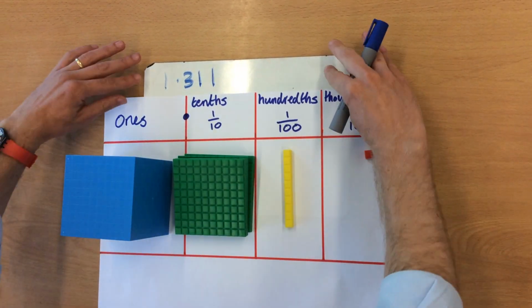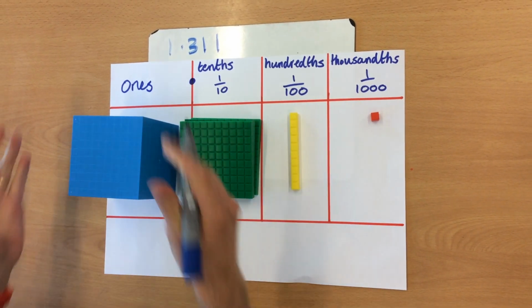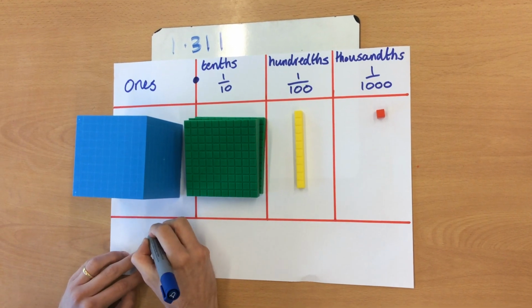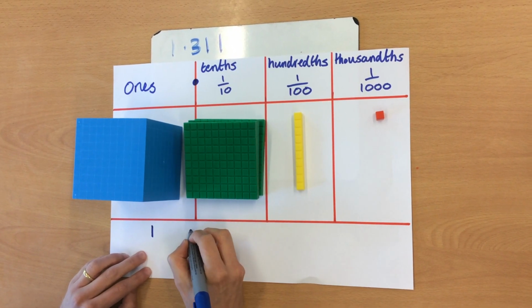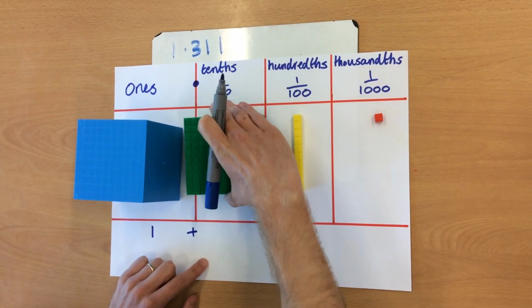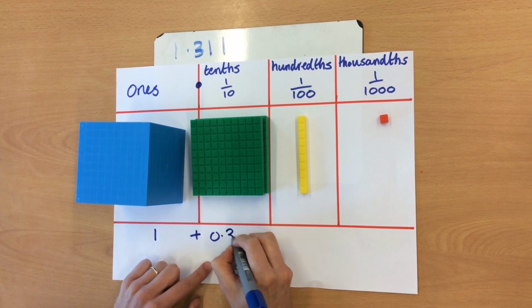Now underneath I'm going to write an expanded decimal, just to help me out. Looking at my ones place value first, I just have the number 1. I'm going to put an add sign in there as well. 1 plus, how many tenths did I have again? 1, 2, 3 tenths, so 0.3.